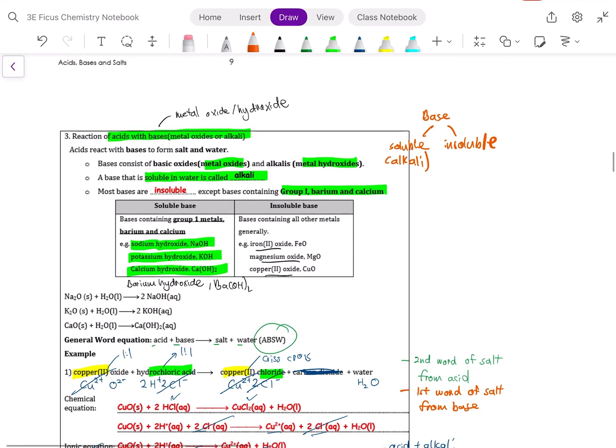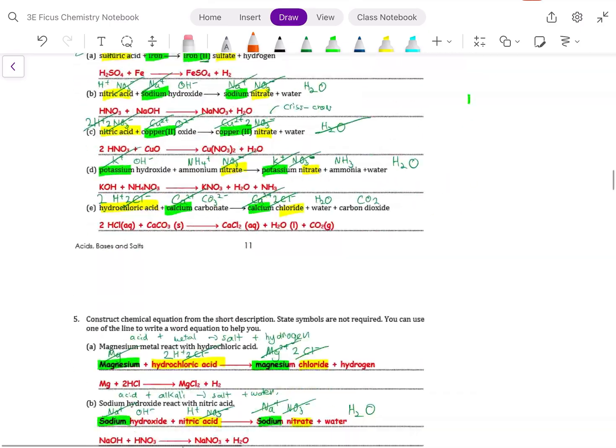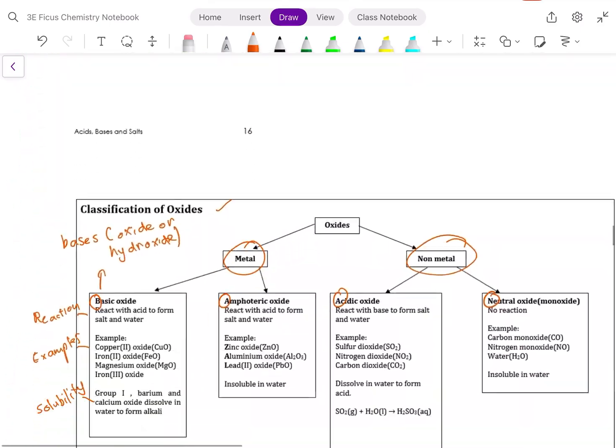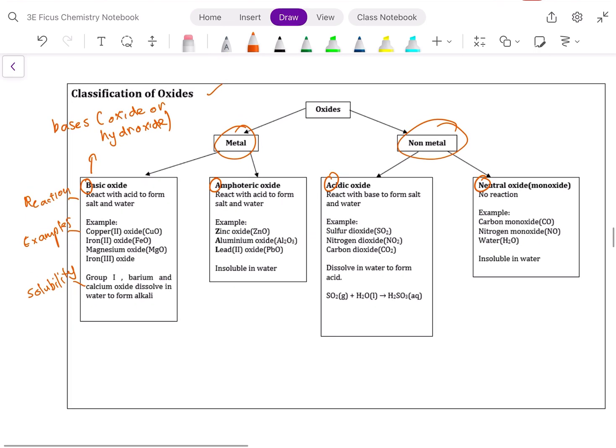Bases they are metal oxides or hydroxides. So examples wise, you have copper 2 oxide, iron 2 oxide, magnesium oxide as well. A lot of examples. I actually can't list all of them.